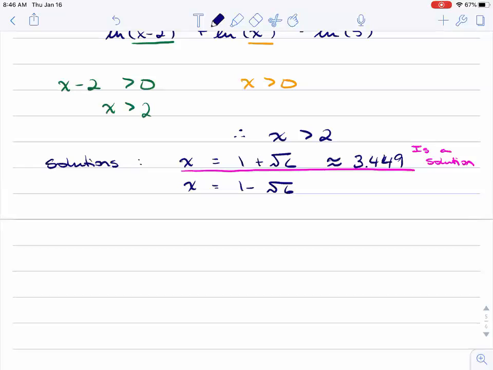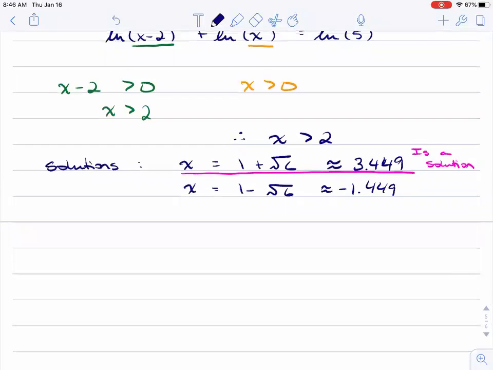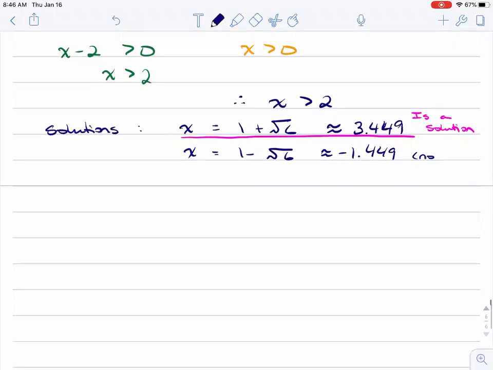Okay. 1 minus the square root of 6 is roughly negative 1.449, right? So that means it's not a solution. So even though we were able to find 2 answers, these 2 answers aren't going to lead us to 2 solutions. So there's only 1 solution.